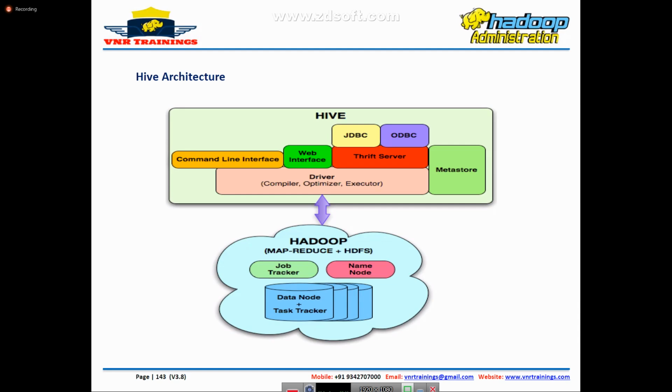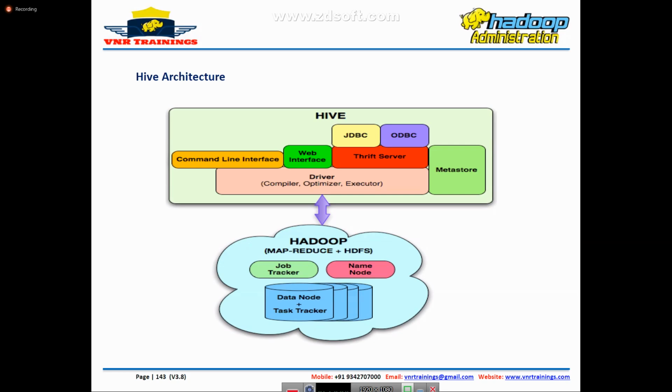Service means it's a web service, which maintains the in-memory copy of Hive metadata. Then the driver does three things: compiler, optimizer, and executor. The compiler compiles your query, the optimizer creates the best execution plan for your query, and the executor executes your query. Understood?